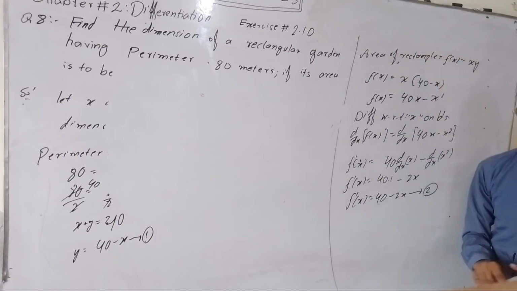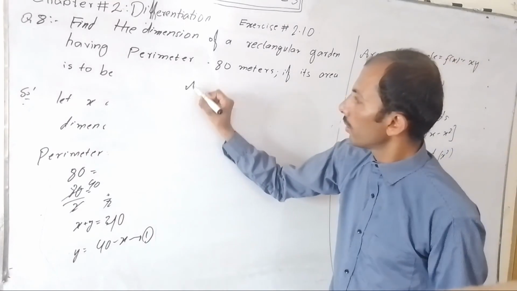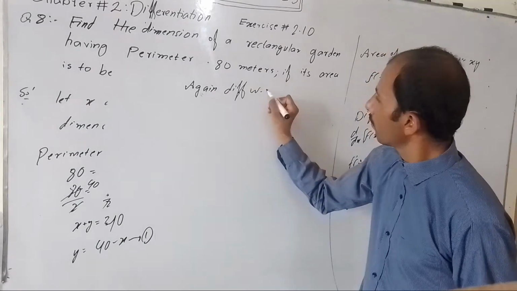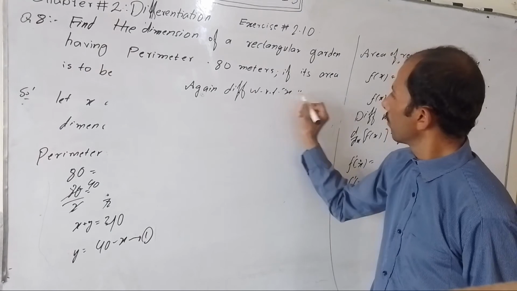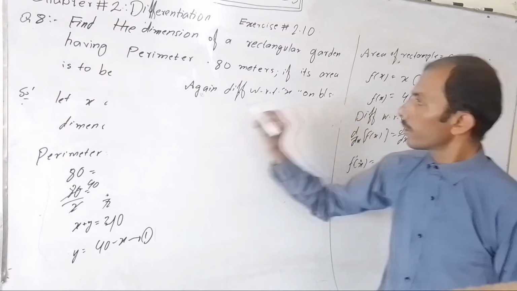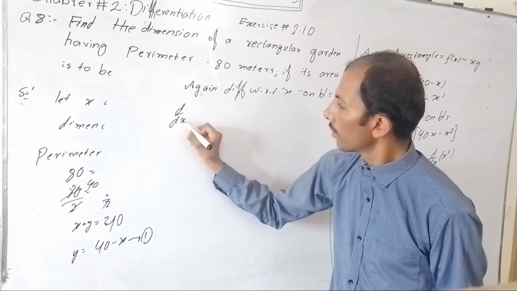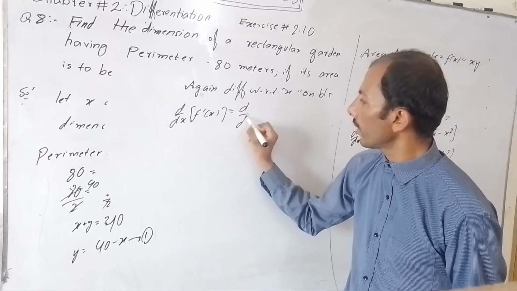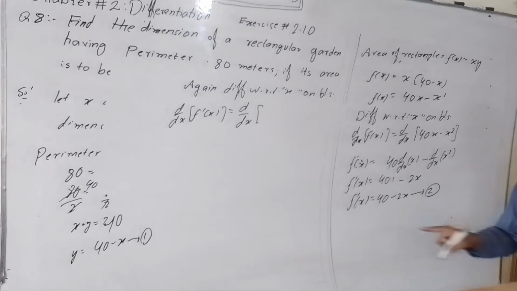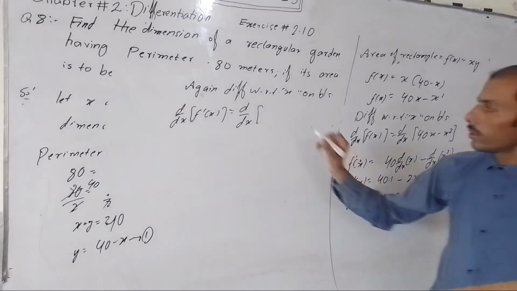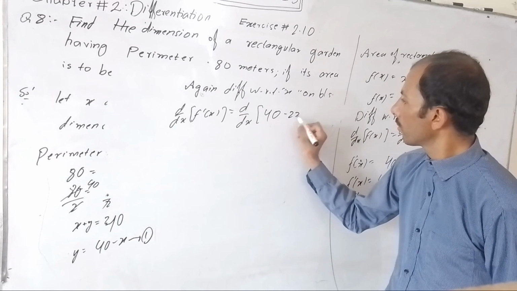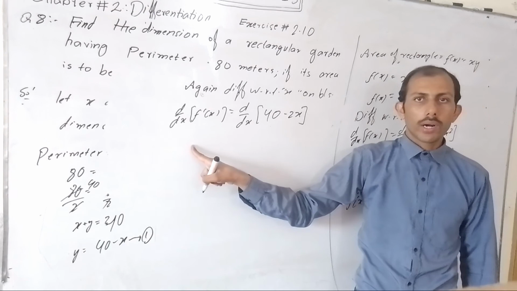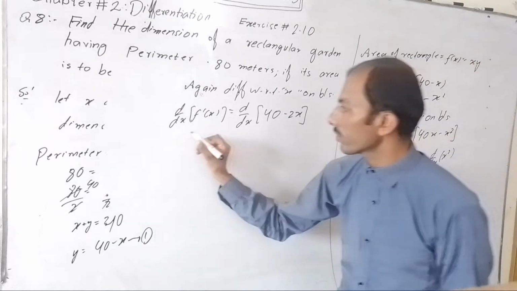Again differentiate with respect to x on both sides. Derivative of f prime of x is equal to derivative of 40 minus 2x. Derivative of f prime of x with respect to x can also be written in the form of f double prime of x.